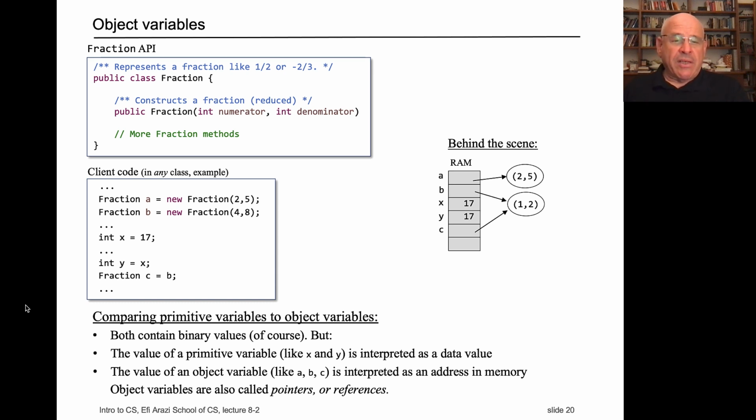And for this reason, object variables are yet another example of pointers or references, just like array variables that we already saw in this course. And indeed, in many different ways, objects and arrays are very similar, but objects are much more powerful than arrays, as we will soon see.